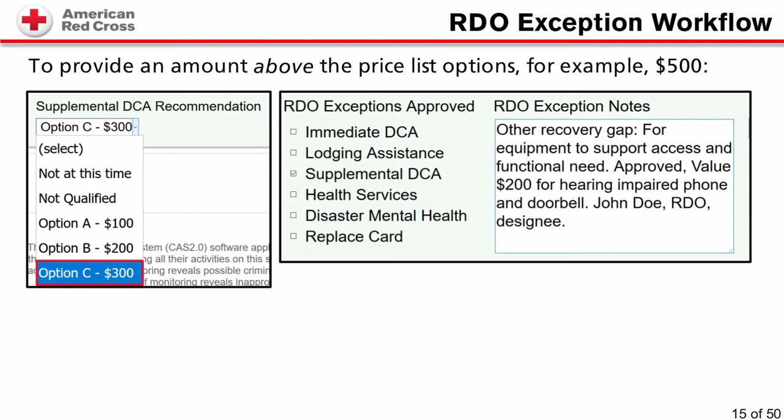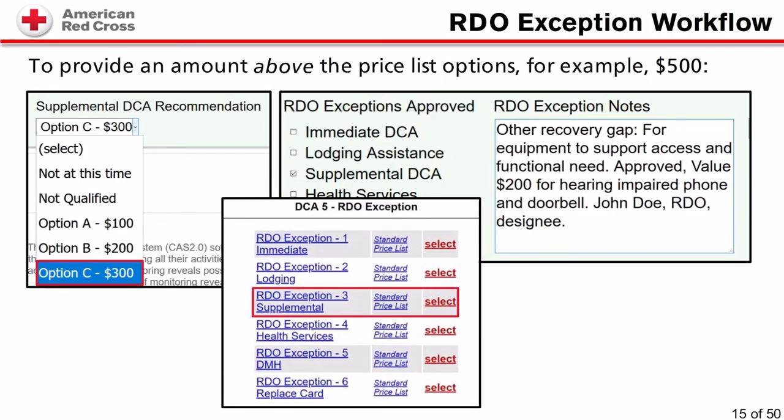Make a narrative note to request RDO Exception Supplemental for $200 more and the reason. When you have RDO approval, select RDO Exception 3, Supplemental, under RDO Exceptions and provide the additional $200. For a DRO event, the DRO Director assumes responsibility for Regional Disaster Officer exceptions.